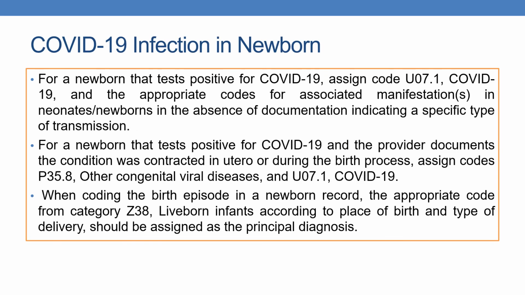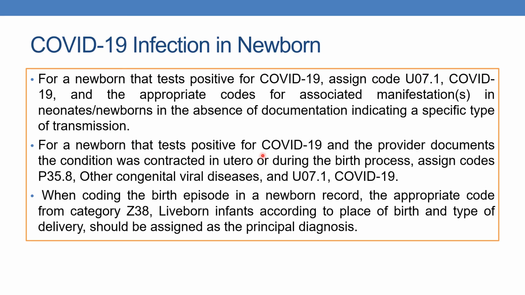Three points. Now coming to COVID infection, the final guideline, COVID-19 infection in the newborn. For newborn that test positive for COVID-19, assign the code U07.1 simply, and appropriate codes for associated manifestations in the neonates or newborns in the absence of documentation indicating a specific type of transmission. Whenever a newborn tests positive, you can directly code the COVID code.